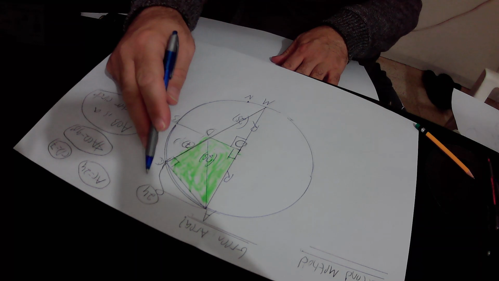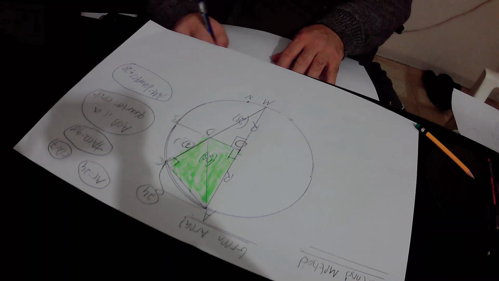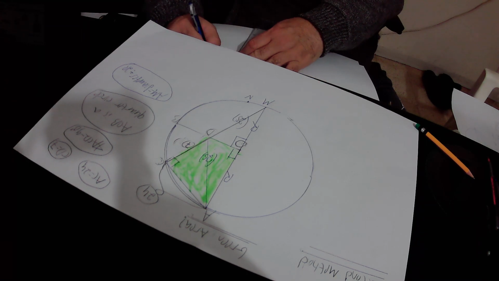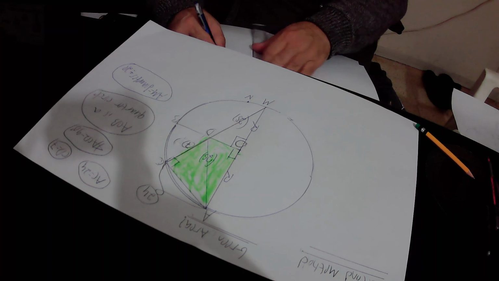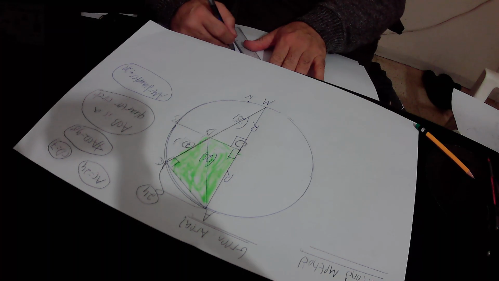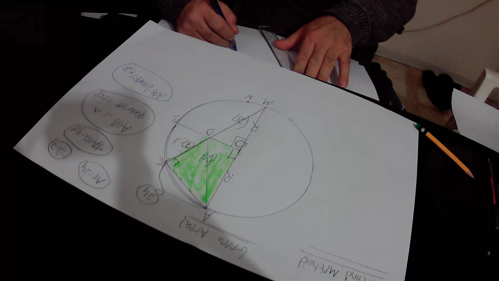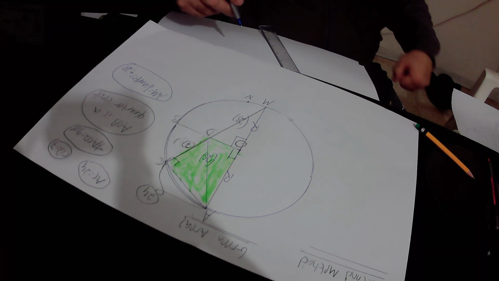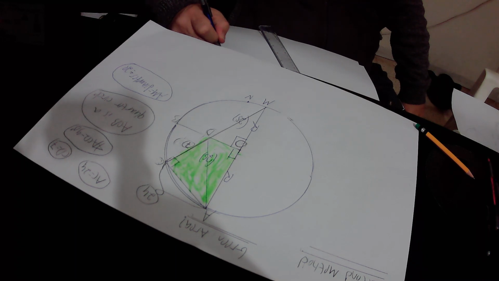AC equals 24 units in length according to what is given in the question. Again, CM in total equals 32 units in length.